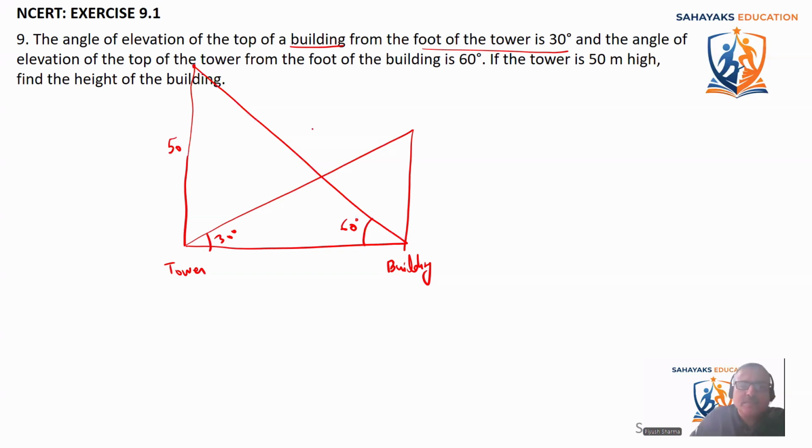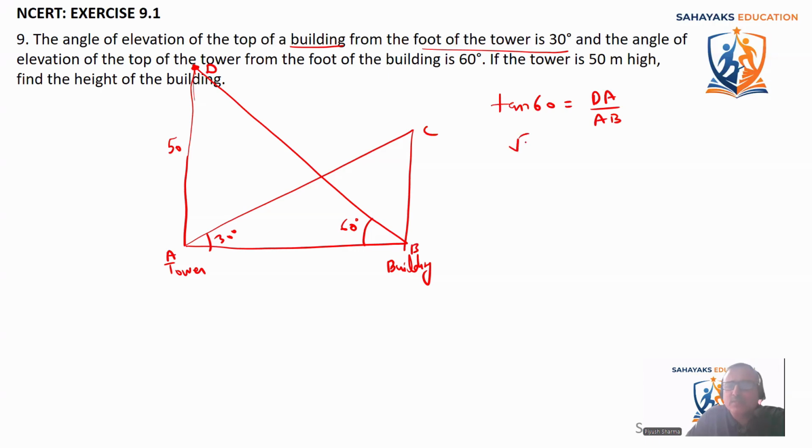Okay, we'll find it. If you look at this question, first we'll find the distance between the tower and the building. So I'll just say this is A, this is B, this is C, and this point here is D. From the height of the tower, first we'll find the distance between A and B. So tan 60 is equal to DA divided by AB.